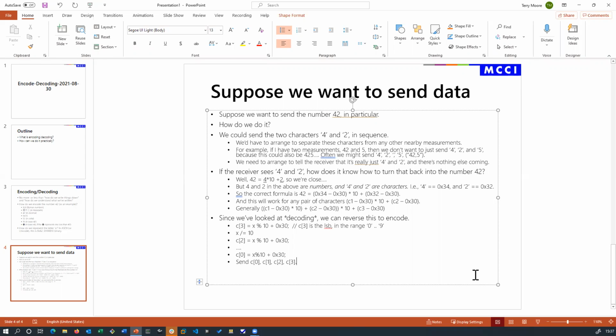That's the key thing, because the computer still views C3, C0, C1 as numbers. I've done arithmetic operations, but here I change my point of view. The whole thing about encoding and decoding is changing your point of view.